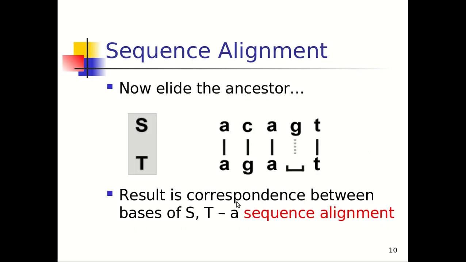This is a more common one. This is how we would normally write an alignment. The A, the C, and G, you can see here, these are corresponding, and then the G, of course, you do use a dashed line where it would be. And so this is comparing S and T, the two children, the two descendants from the original. Now notice they did put a line between the C and G. That's to say correspondence.